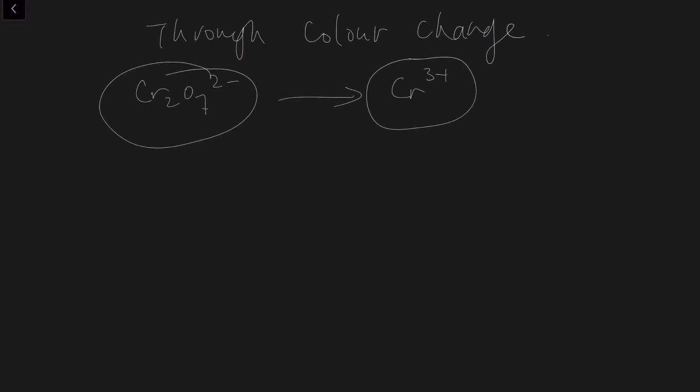The dichromate ion looks orange in color, and the Cr3 plus has a green color. So whenever you see your solution turning from orange to green, you know that your alcohol has been oxidized. Both the alcohol and the carboxylic acid are colorless, but you can tell the reaction from the color of the ions, the dichromate ion or the Cr3 plus ion in your solution.